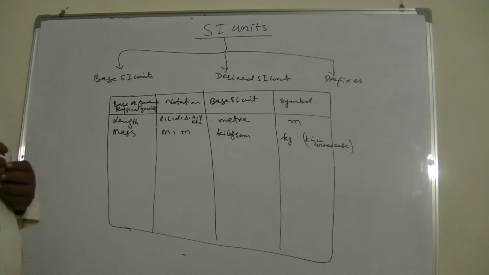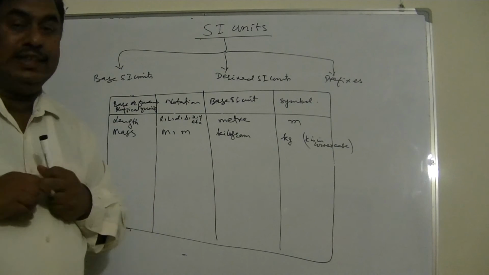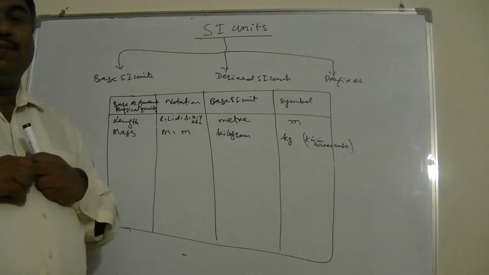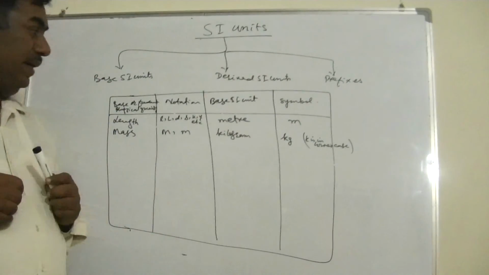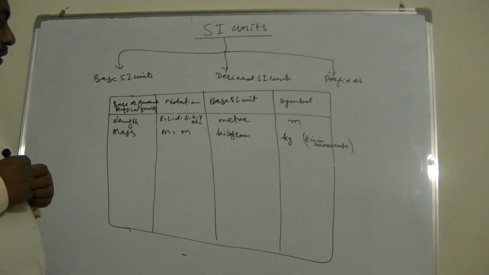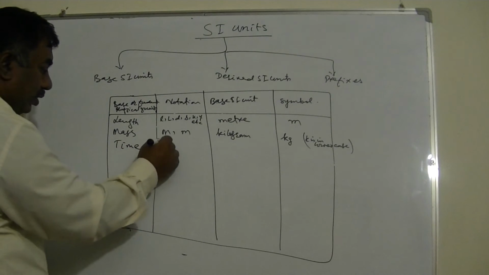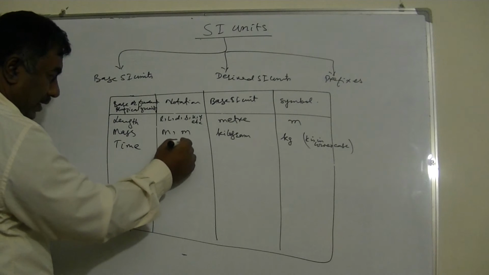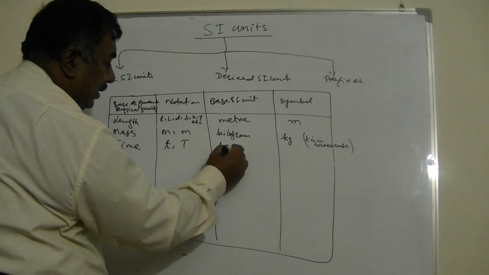Actually, that's the one exception where the standard prefix has been taken with the unit. Kilo is the prefix. I will discuss prefixes separately in one of the lectures after these lectures. So it's a kilogram. Then it's time. Time is written by capital T or small t, and its unit is second.